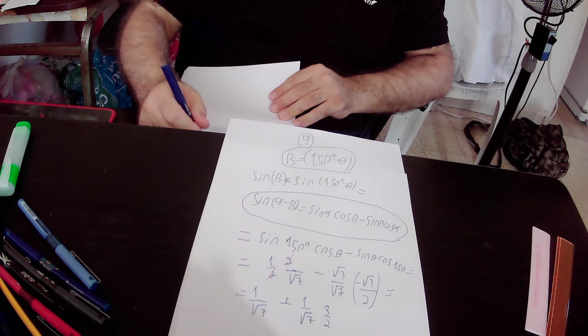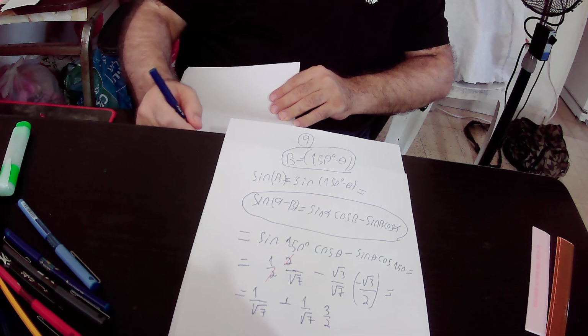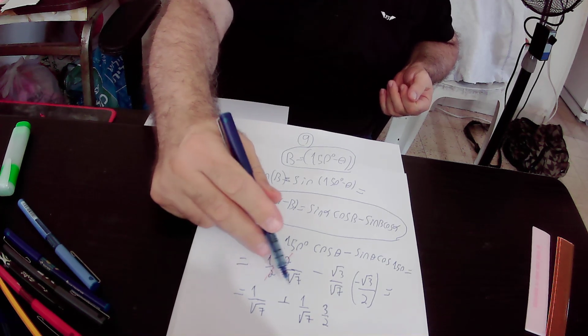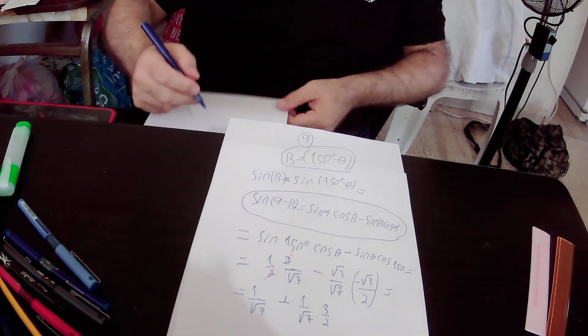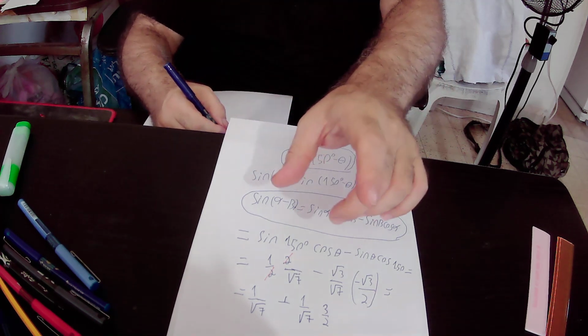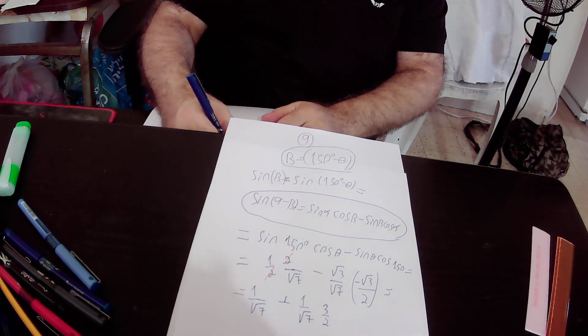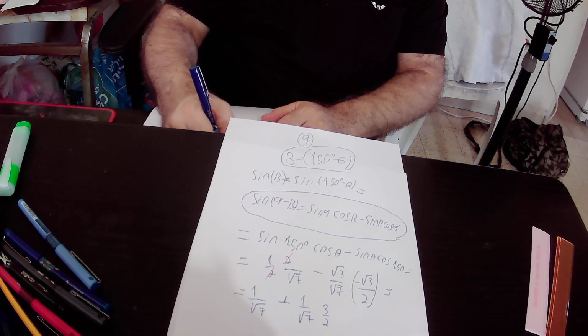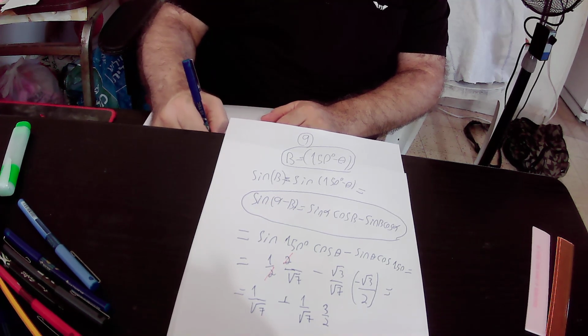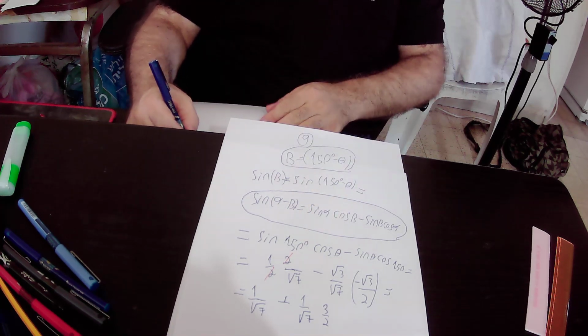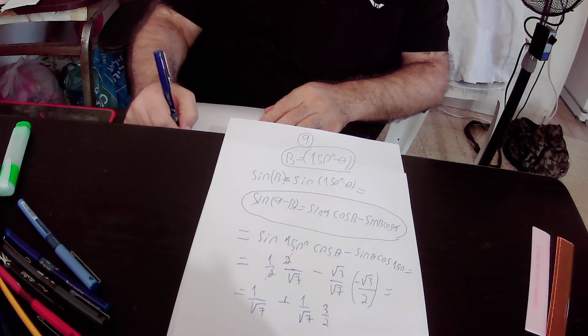Here we will take out 1 over root of 7 as a common factor of this expression, and we will get that sine beta equals 1 over root of 7 in brackets, 1 plus 3 over 2.